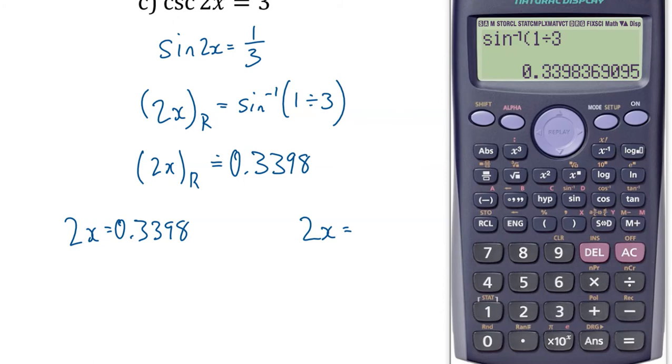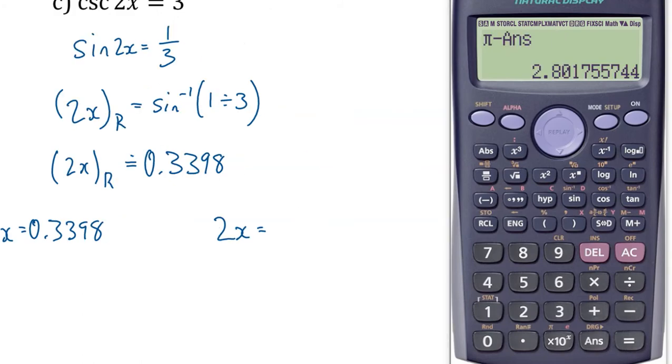This was sine, it was positive, so I'm going to go to quadrant 2, so I'm going to do pi minus. But you know what? It might not be a bad idea. Let's do pi minus, shift pi minus, and get this one.